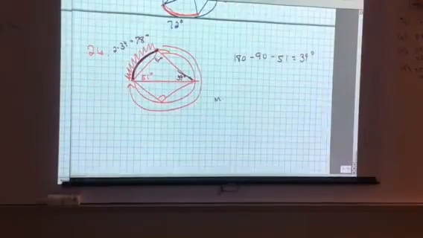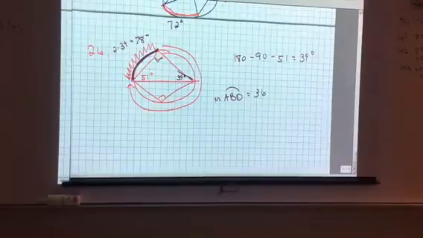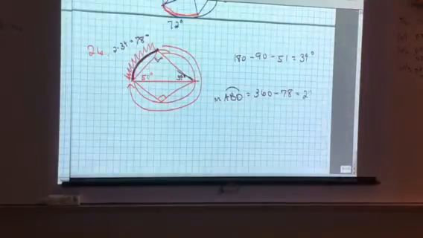So measure of arc ABD, the whole thing we're looking for, equals 360, the whole circle, minus that part we don't want, minus 78. And so you get 292. No, 282 as your answer.